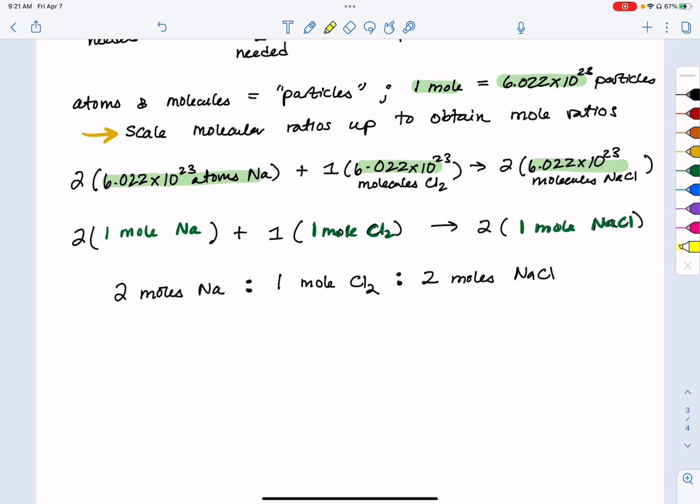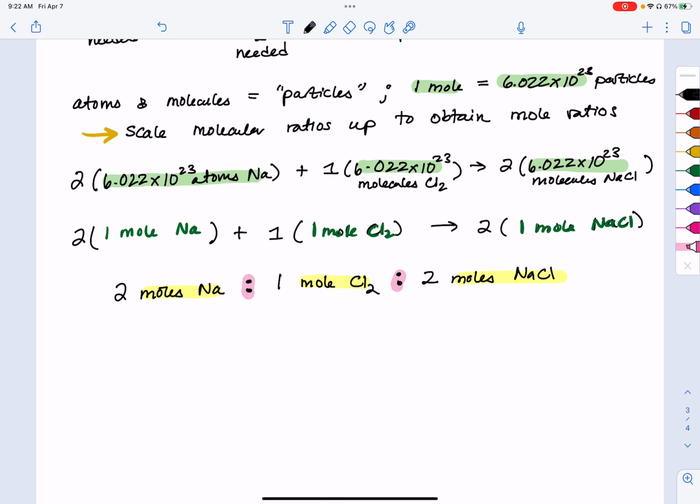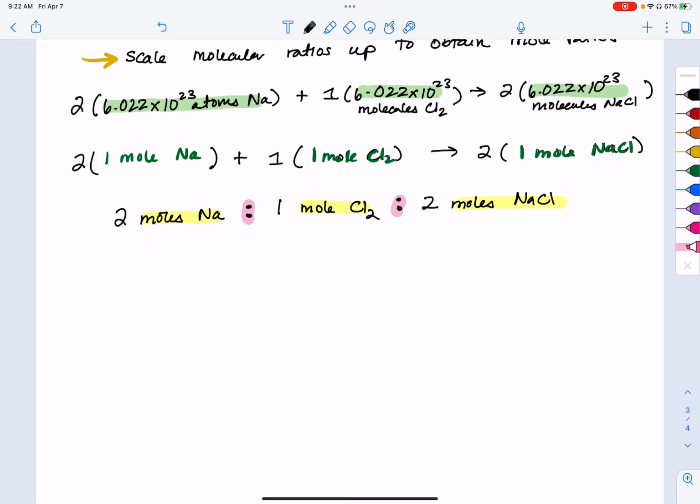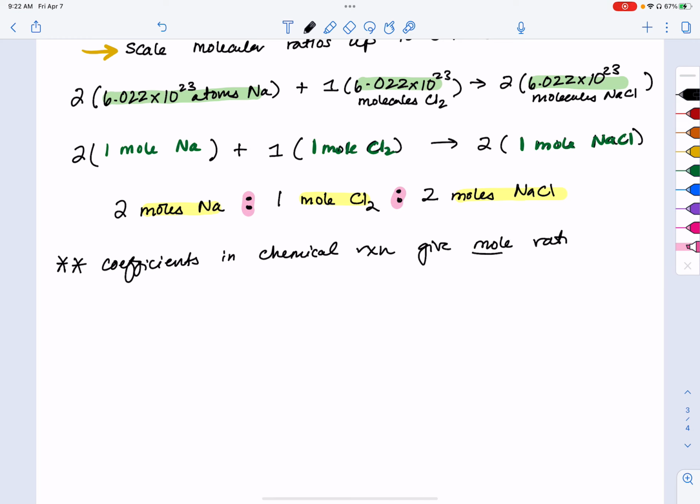So we now have mole quantities expressed in a given proportion, meaning that in reality, while yes, our coefficients in a chemical reaction give the molecular ratios, we can also say that the coefficients in a chemical reaction also give us the mole ratios of each substance needed or made.